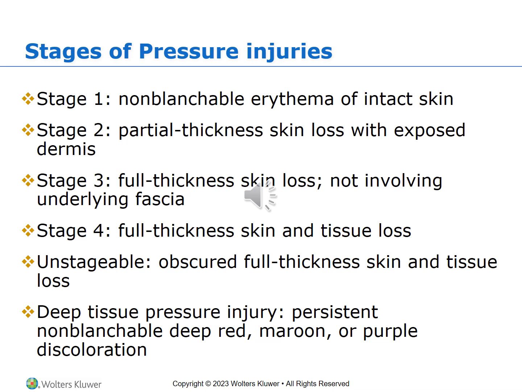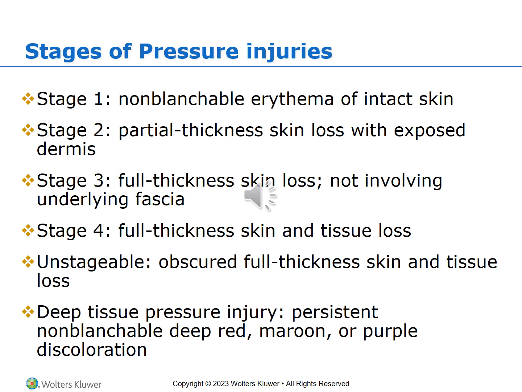Stage 4, full thickness skin and tissue loss. So for stage 4, we have palpable, so you can touch the fascia, muscle, tendon, ligament, cartilage, or bone. You may also have slough and eschar visible.